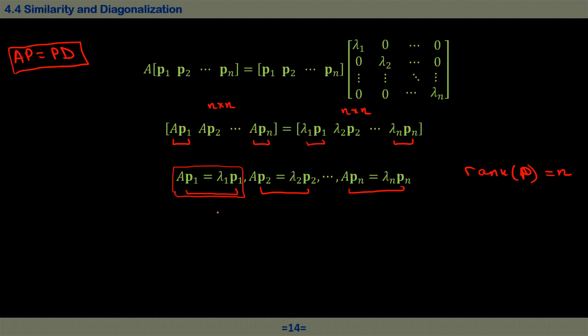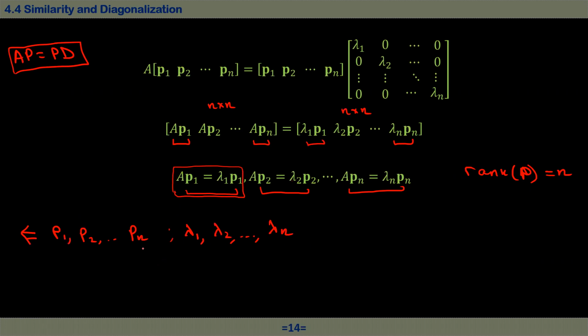Conversely, if A has n linearly independent eigenvectors, so how about this way? Now we assume that A has n linearly independent eigenvectors. Let's say those vectors are P1, P2, dot dot, Pn, with corresponding eigenvalues lambda 1, lambda 2, dot dot, lambda n.